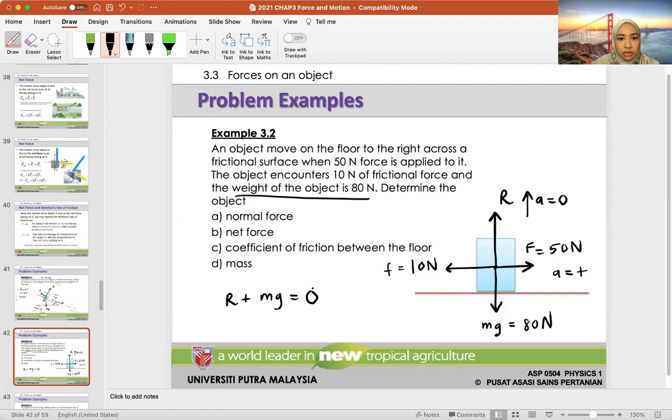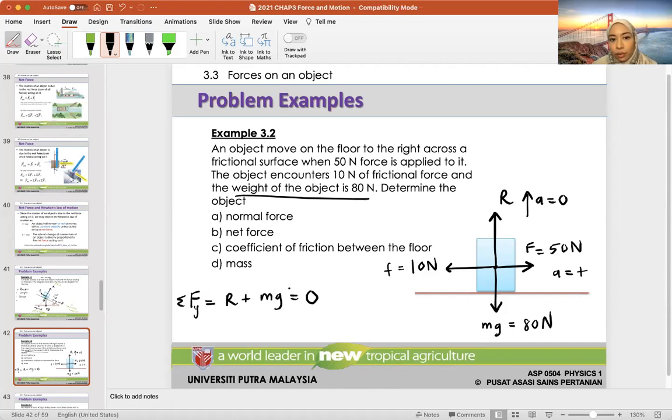We can say that because it's not flying. There's no acceleration. How did I get this equation? It is actually net force. Apakah total force dalam y-axis? The total force in the y-axis is R plus mg bersamaan dengan kosong.